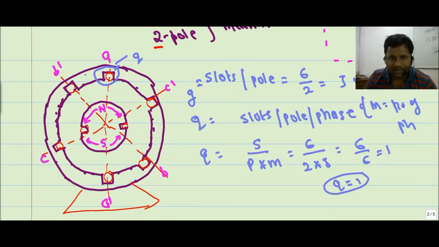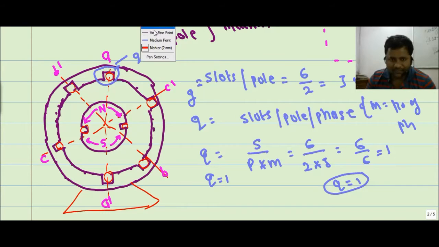Per pole means there are 3 slots. Per phase means there is only 1 slot. So Q equals 1 means that the total slot is 6, and out of 6, the slots per pole is 3, and the slots per pole per phase is Q. So there is only 1 Q.